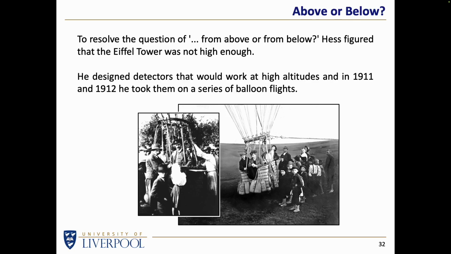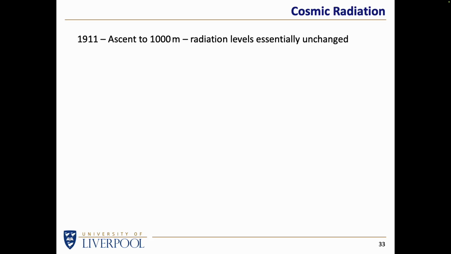He sort of modified the electroscope to allow him to measure radiation levels as a function of how high he went in his balloon. And in 1911, 1912, he took a number of different flights to see whether or not the radiation levels change when you go not just hundreds of meters, but when you go thousands of meters into the air.